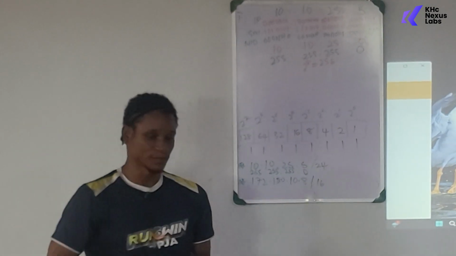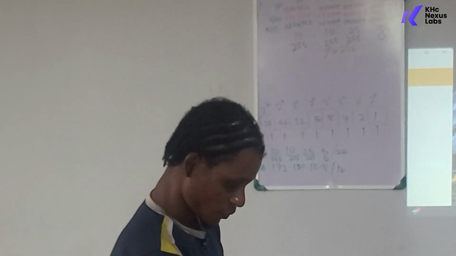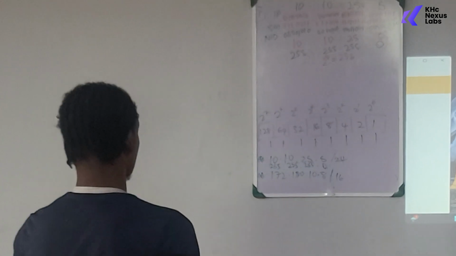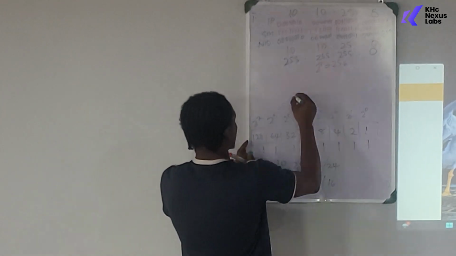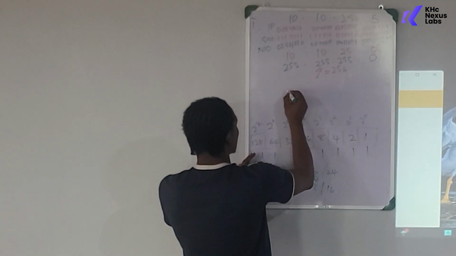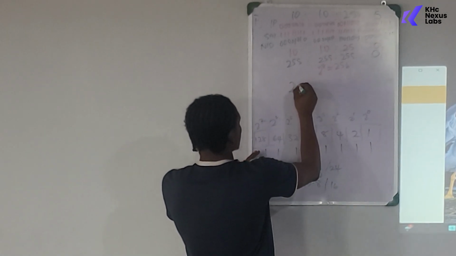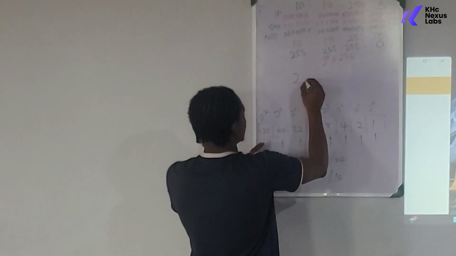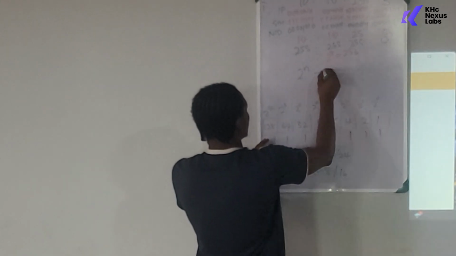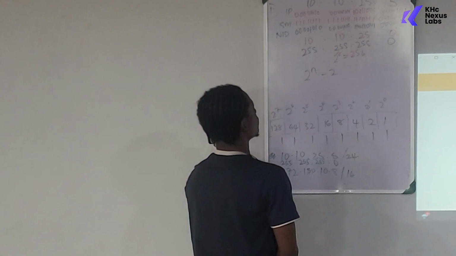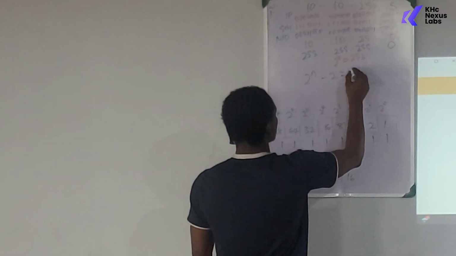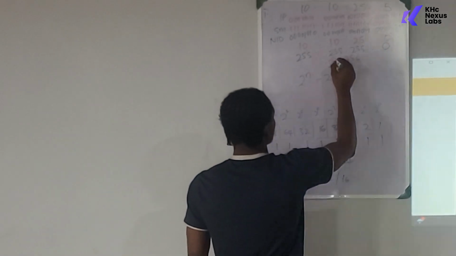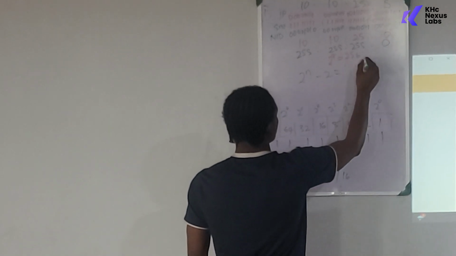Remember, from this thing you solved the other time. Exactly. So now, to solve for this, the simple formula here is just 2 to the power n minus 2, right? So 256 minus 2.